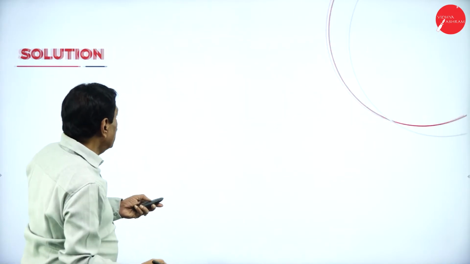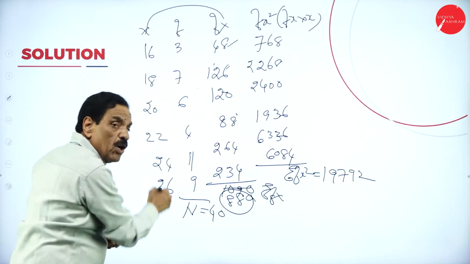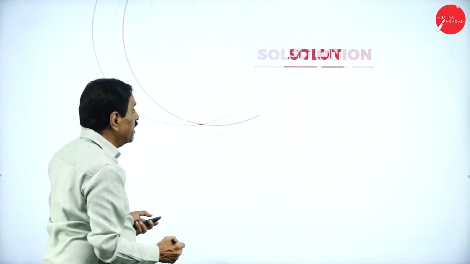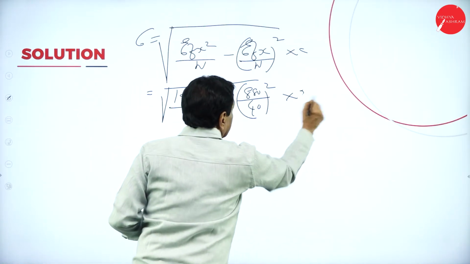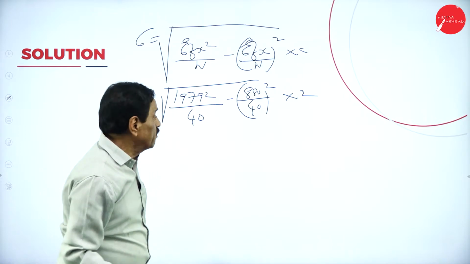The numbers are 16, 18, with a difference of 2, 2, 2. Here c is 2, the class interval is 2.